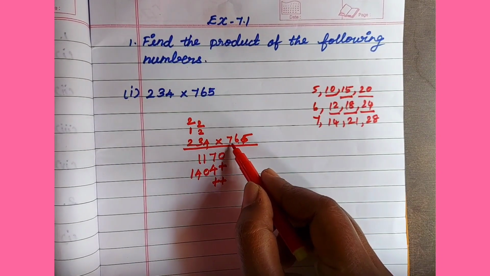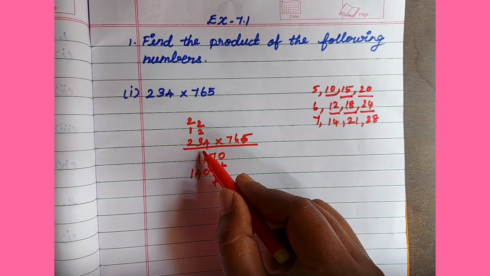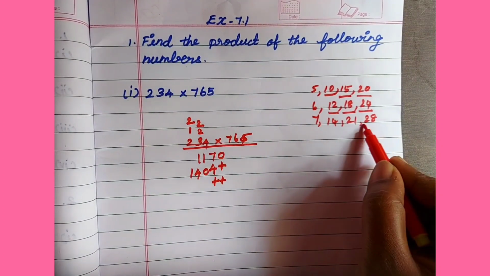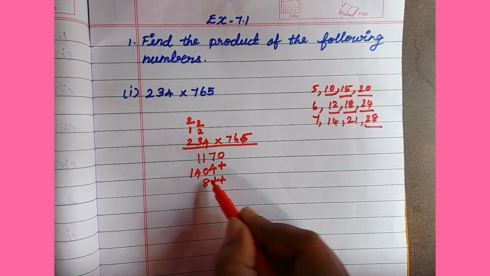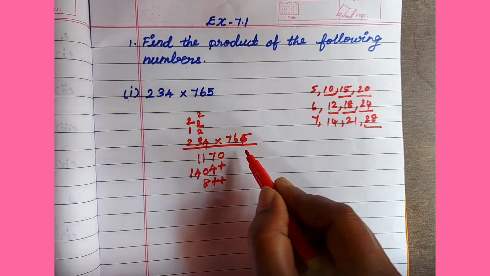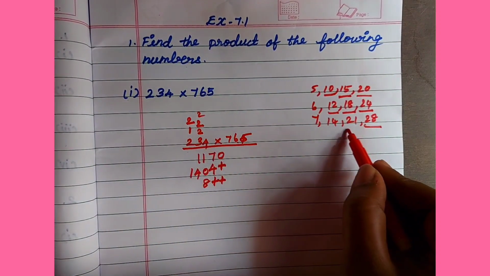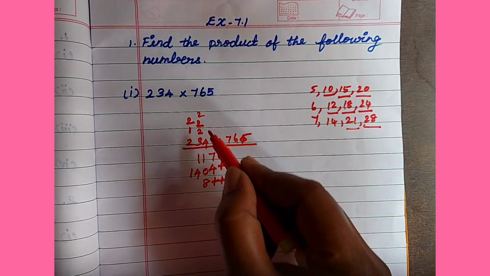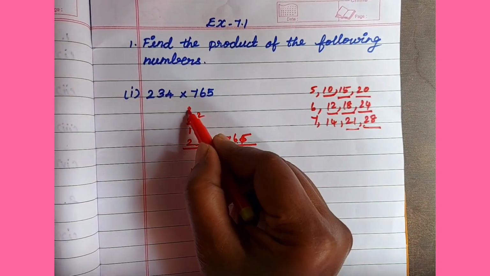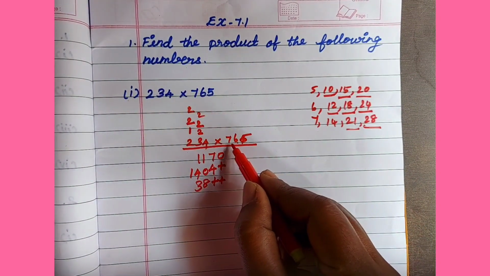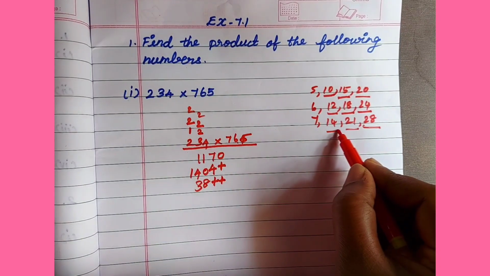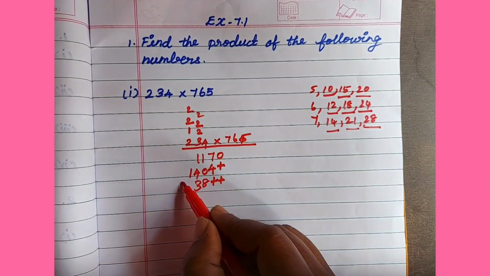Next, multiply with the 7 table. 7 fours are 28, gives 8, carry 2. 7 threes are 21, 21 plus 2 is 23, carry 2. 7 twos are 14, 14 plus 2 is 16.